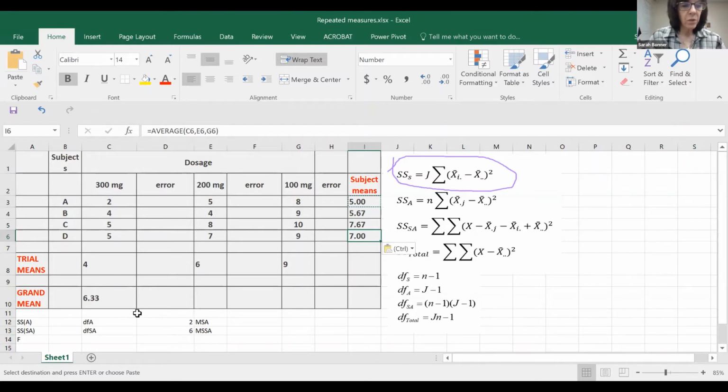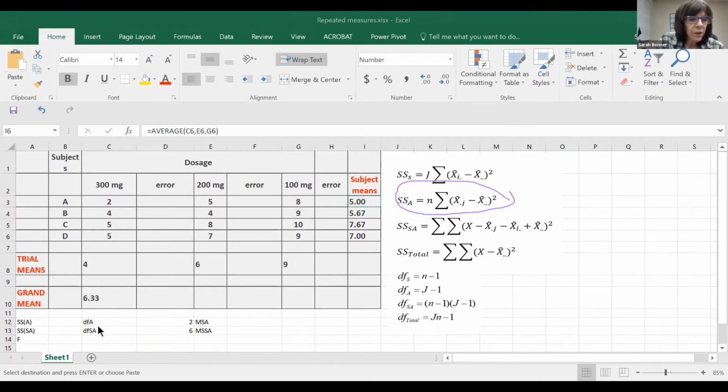So if we want to calculate SSA, what we need are the means of each group. So this term here is across the individuals within a group. So this was within an individual across groups, and this is across individuals within groups, minus the grand mean.